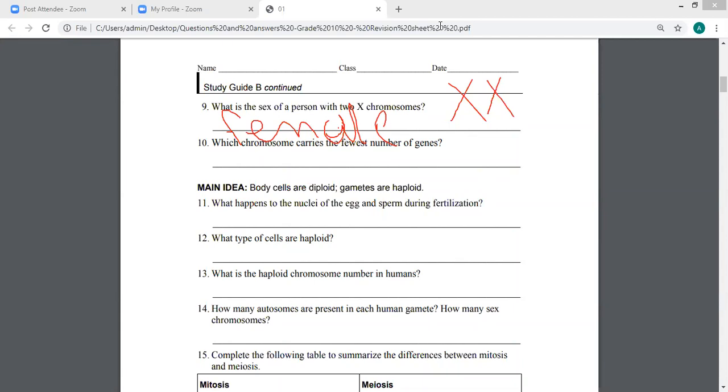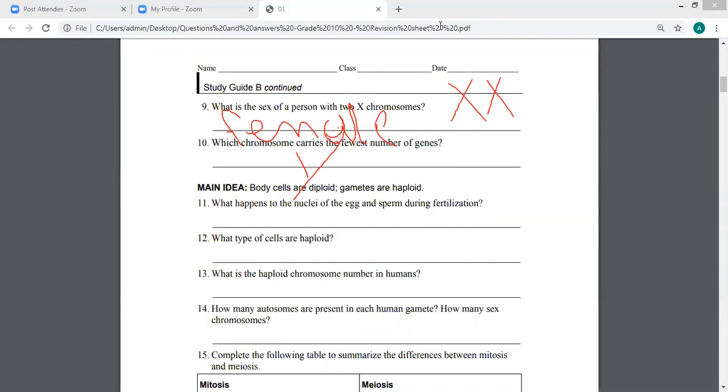What is this chromosome? No one knows? Y, sir. Y, excellent. Good. The Y chromosome, because it's very little and very short compared to the X chromosome.